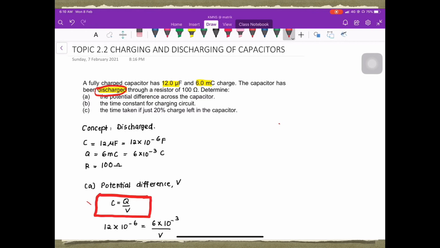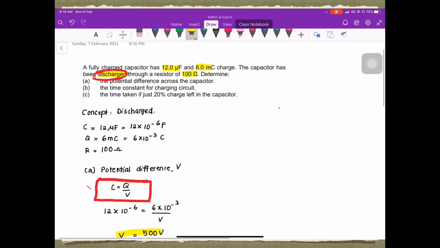Make sure we choose a suitable formula related to the concept of discharge, through a resistor of 100 ohm. A, the potential difference across the capacitor. B, the time constant for the circuit. C, the time taken if just 20% charge is left. Left here means remain.